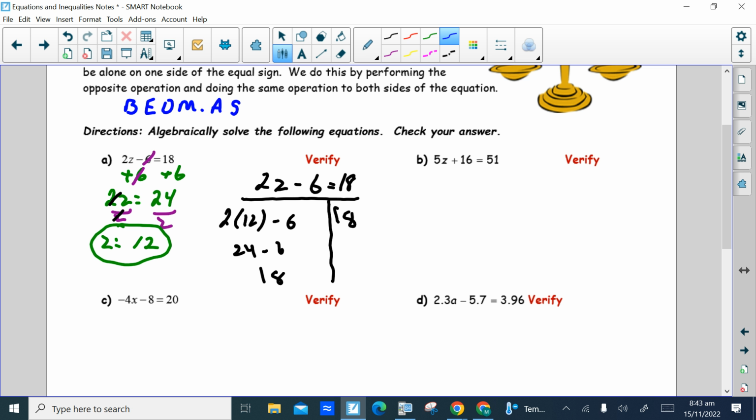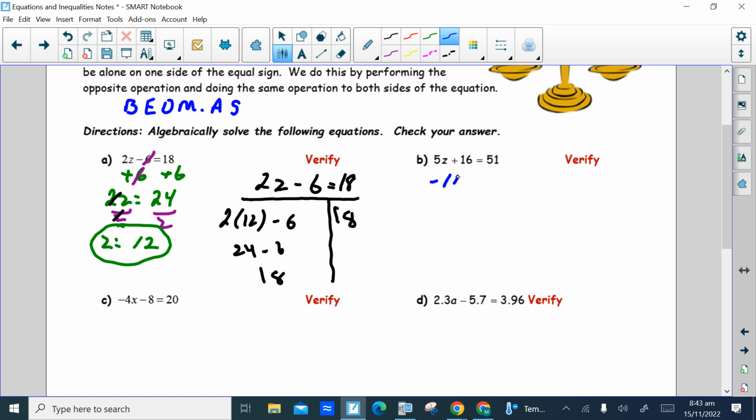Question B. Before we can get the Z by itself, we have to get the 5Z by itself. What's our first step, Kyler? Say again? I didn't hear what you said. From both sides. Is that right, Jan? He said minus 16 from both sides. Is that right?